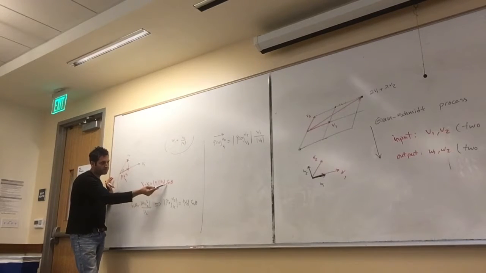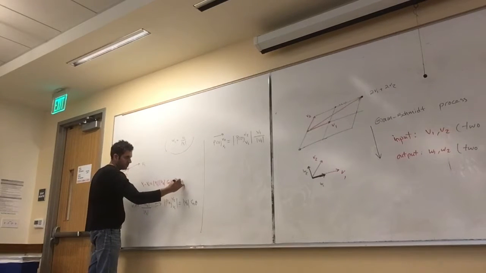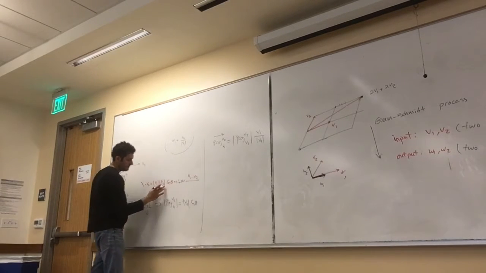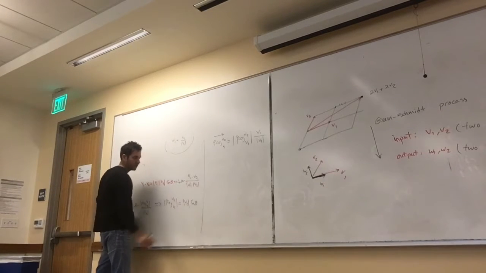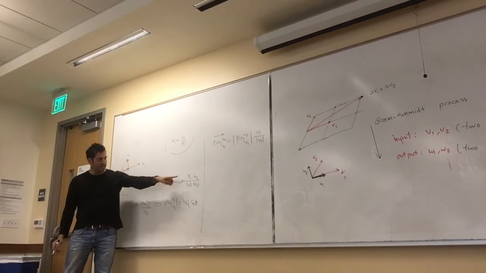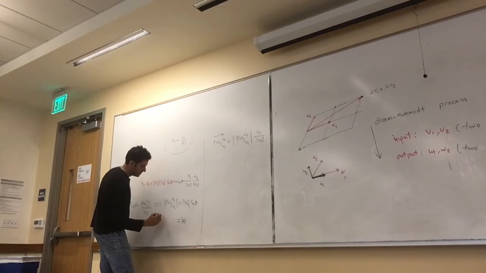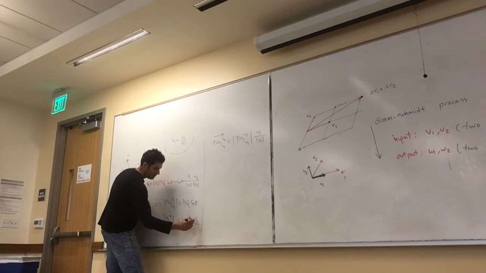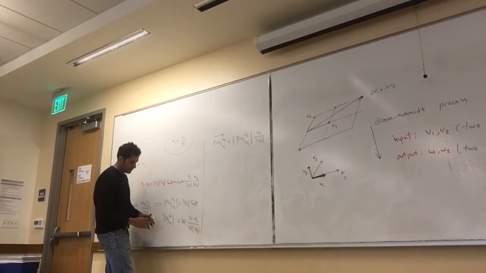You can figure out the cosine: cosine is this dot product divided by the two lengths, V1 times V2. So I can plug that in here. The size of the projection is V2 times V1 dot V2 over the length of V1 times the length of V2. And you see it cancels out.